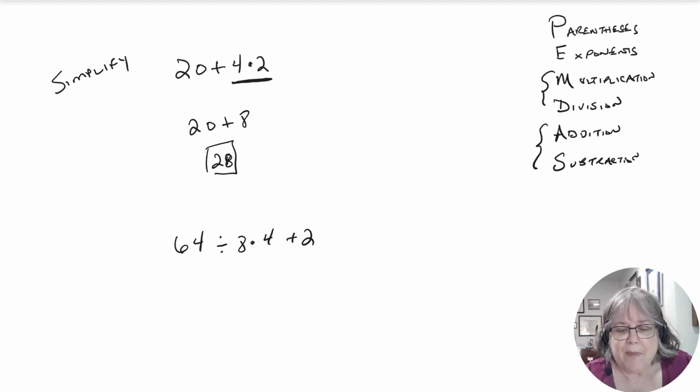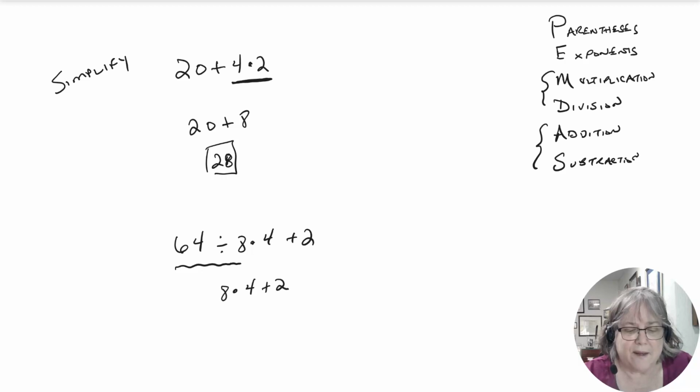Yes, it does. Now, so we're going to go left to right in the order that they show up, not multiplication first and then division. All right. So I'm looking for multiplications and divisions left to right as they show up. So my first one left to right is a division. That's okay. I'm going to do that first. So 64 divided by 8 is 8.